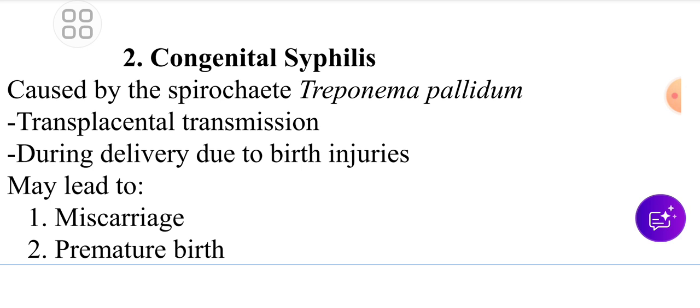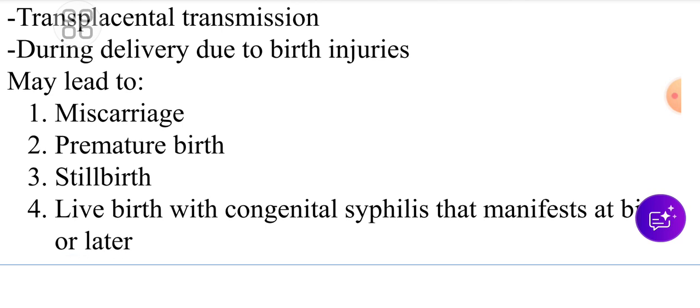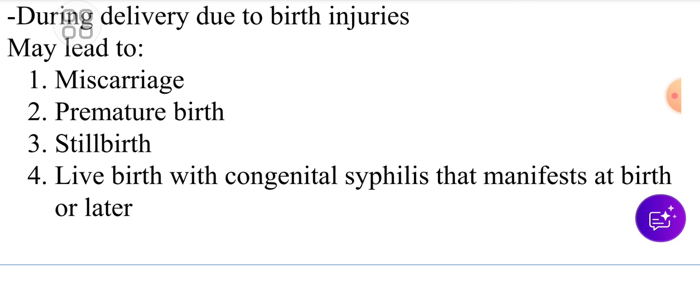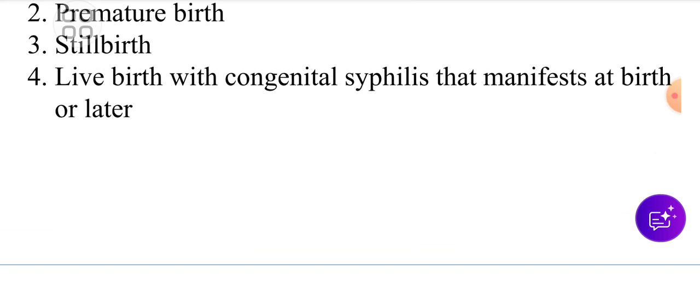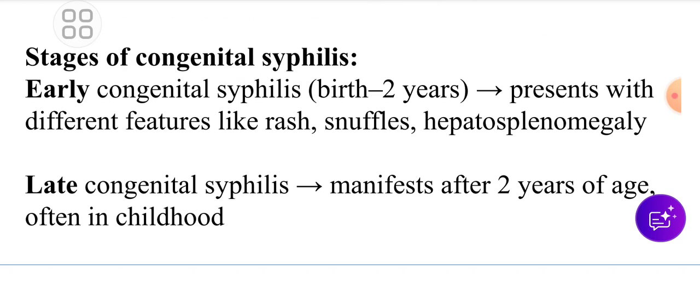Congenital syphilis may lead to miscarriage, premature birth, stillbirth, or live birth with congenital syphilis that manifests at birth or later. Stages of congenital syphilis: early congenital syphilis from birth up to 2 years of age.